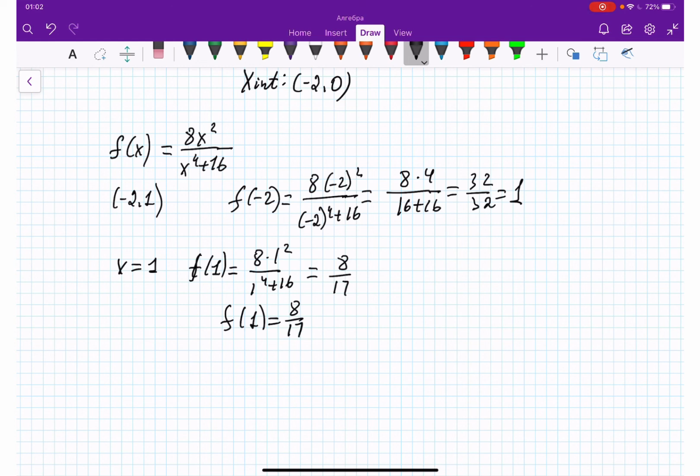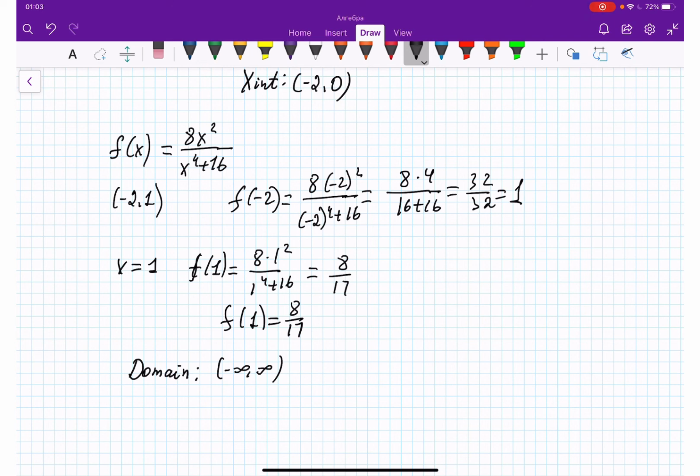Next, what is the domain here? We have x in the denominator, but do we see any chance that our denominator can turn into 0? There is no chance, right? The x can be anything. This denominator will never turn to 0. Therefore, the domain is going to be negative infinity to positive infinity.